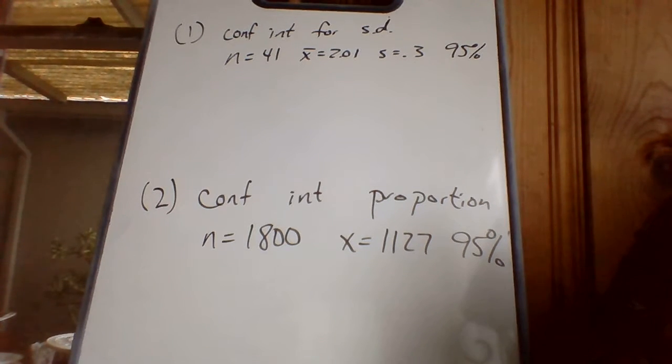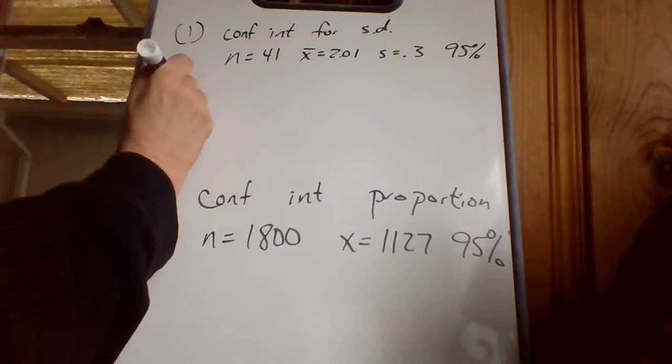Okay, all right. Confidence interval for the standard deviation. Oh, that was the bad one. For the standard deviation, that was that square root formula. So let's see.